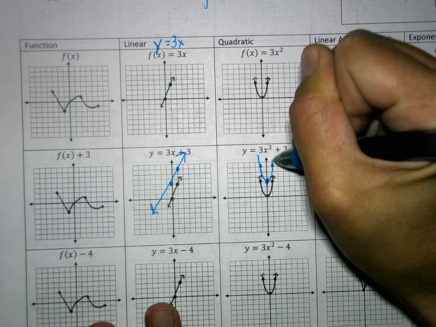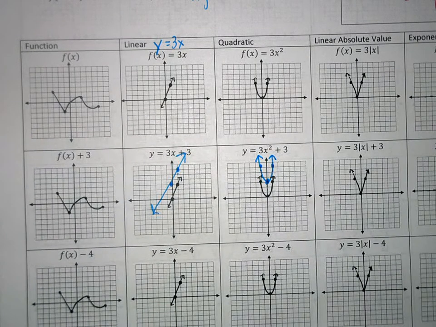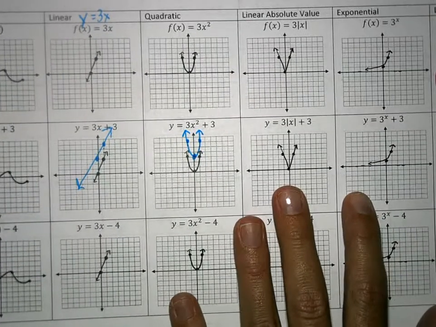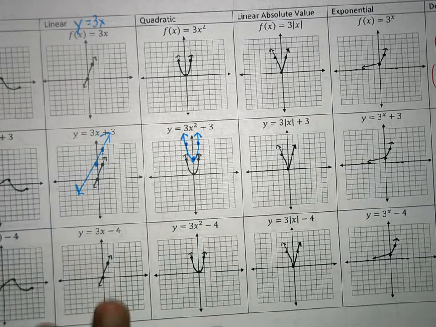And we draw our new quadratic function that has translated up 3. Same thing now on our absolute value function. We are going to translate it up 3.